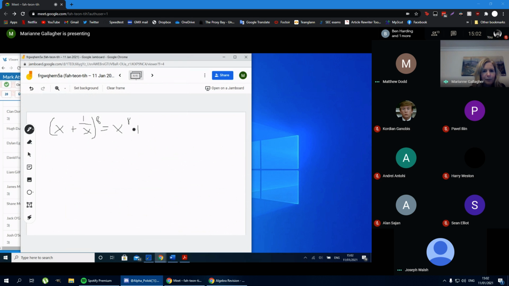Your next term is going to be 8C1, which is just 8 really, times x to the power of 7, going down by 1. And then 1 over x, and the x has started to come into it. The next one would be 8C2, and you'll have x gone down to 6, and 1 over x gone up to 2. Is that making sense so far?